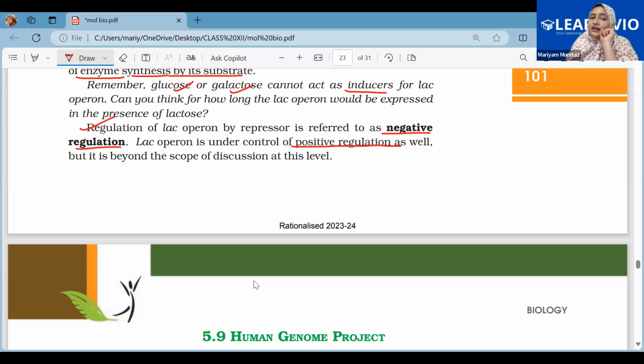But remember that the regulation of the lac operon by the repressor is negative regulation, because the repressor will come, bind to the operator region, and transcription will not happen. So if we want transcription to take place, what do we have to do? We have to make the repressor inactive, then only the transcription will take place.